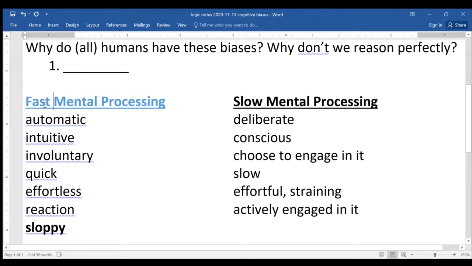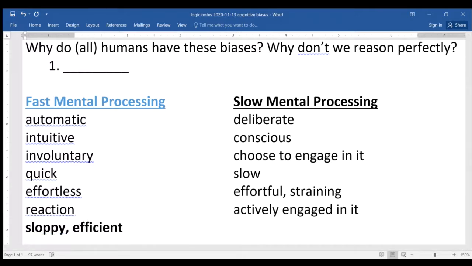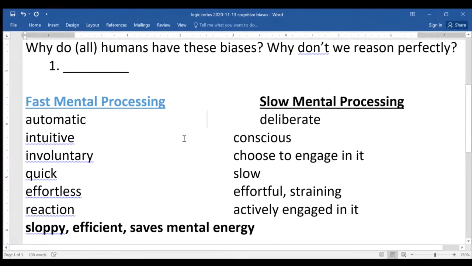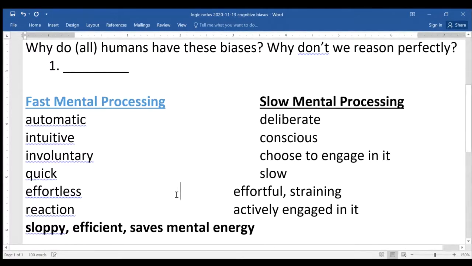And a lot of our mental processing is fast mental processing. This fast mental processing is basically efficient. It's trying to save mental energy. That's what I mean by efficient. This fast mental processing saves us some mental energy.